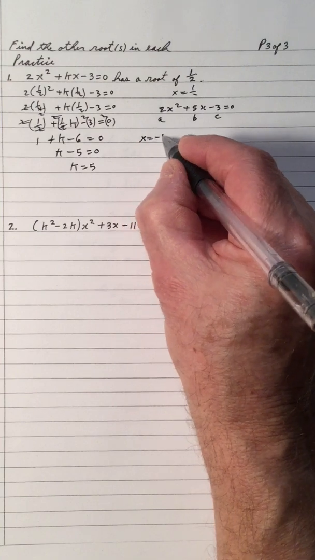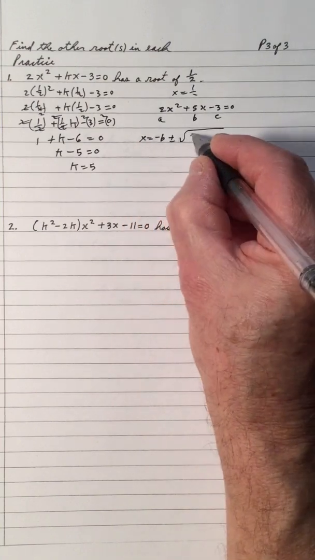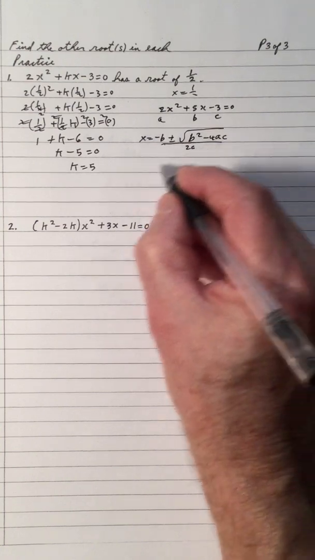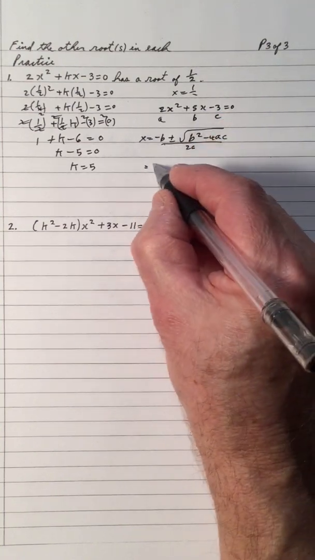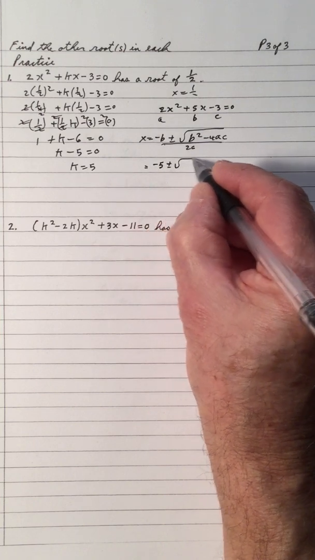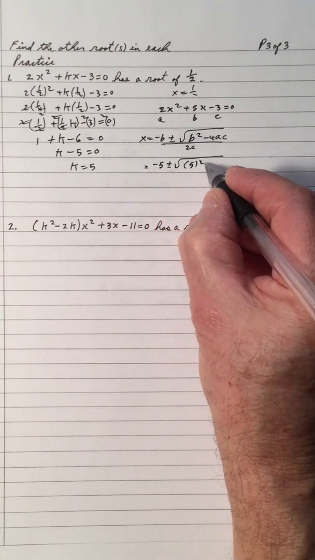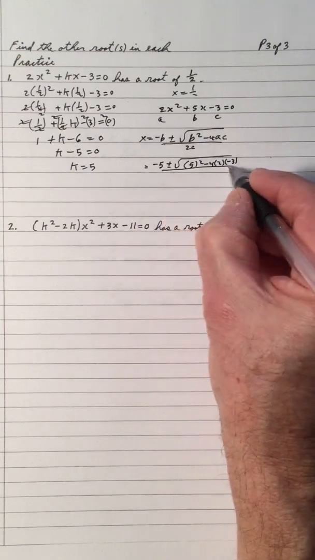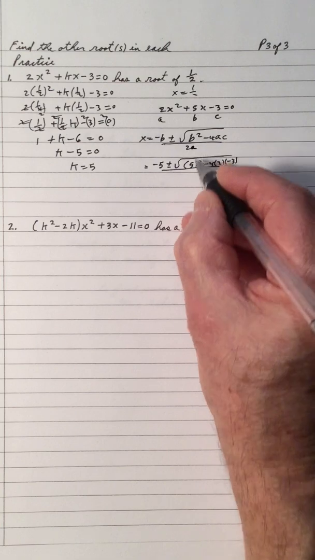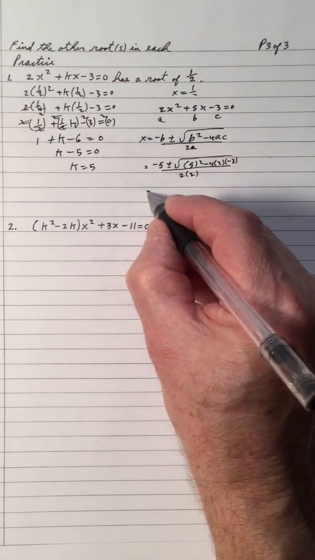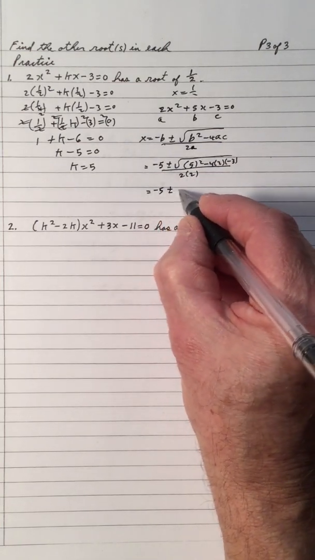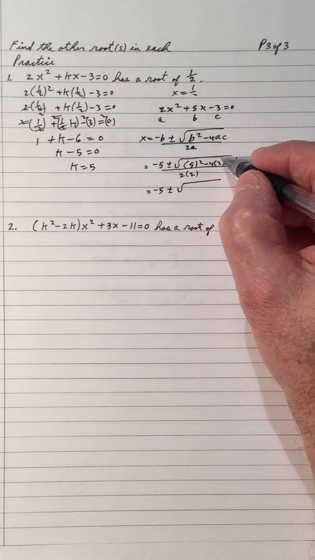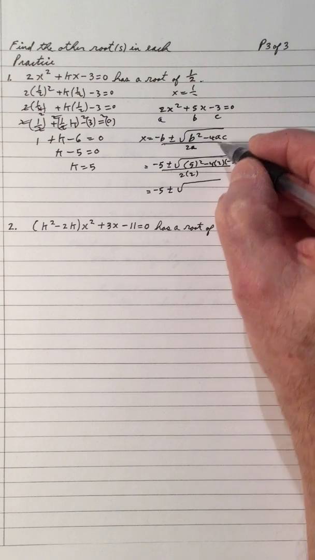So x equals negative b plus or minus the square root of b squared minus 4ac, all over 2a. b is 5, so it's negative 5 plus or minus the square root of 5 squared minus 4 times 2 times negative 3, all over 2 times 2. And that's 25 plus 24.